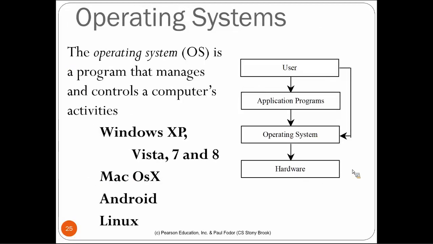The operating system adds another level to the execution of programs, because it is a program itself that manages and controls the computer's activity, like file system operations. We don't have to implement an entire operating system from scratch, like how files are stored on disk, how they are accessed, who is able to access various files, so user access control and so on.